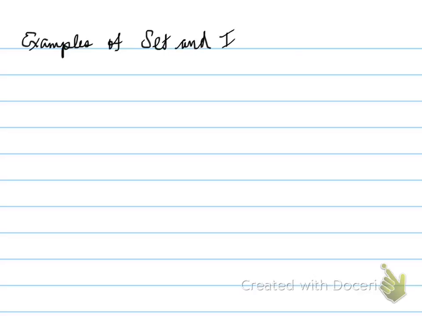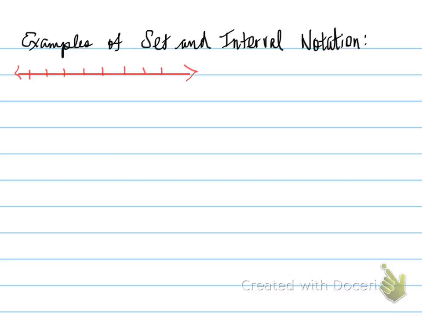Okay, now, examples of set and interval notation. So we're going to look at some simple examples first before we go into more complicated examples. So looking at a straight number line, let's think of it as the x-axis. We're going to be looking at values across the x-axis. So let's say we have this one, where it starts at -3, including -3, and goes on forever towards the right. What does that mean?